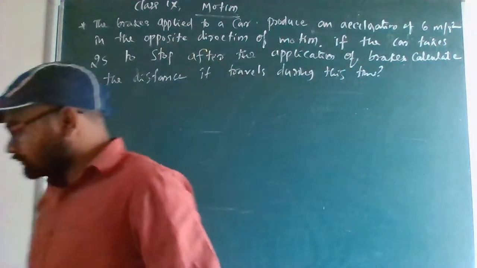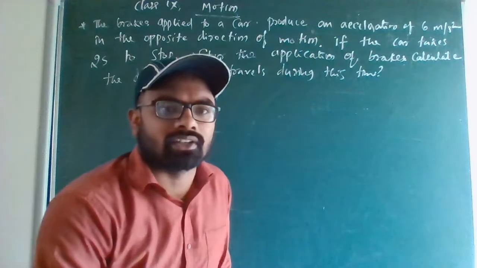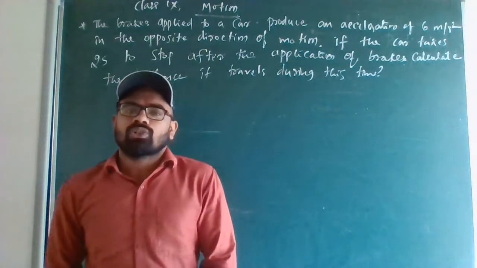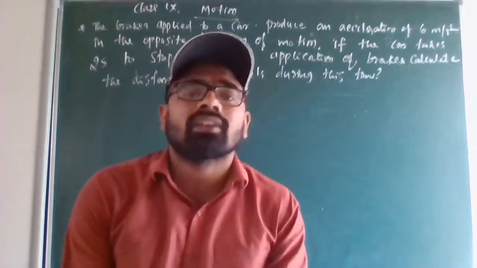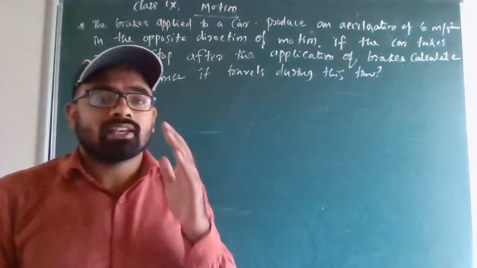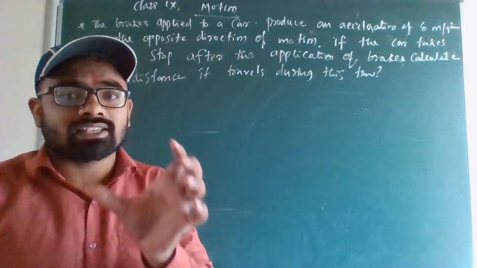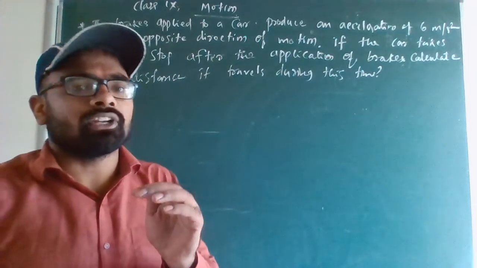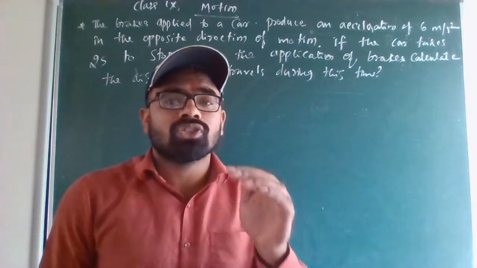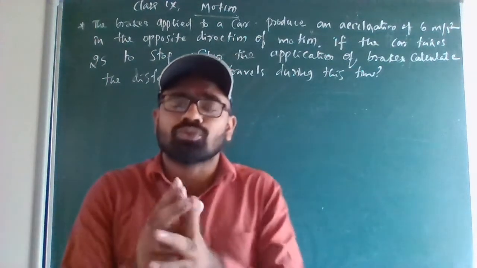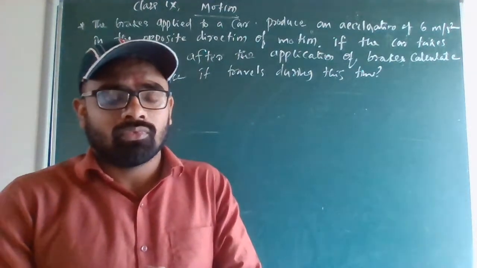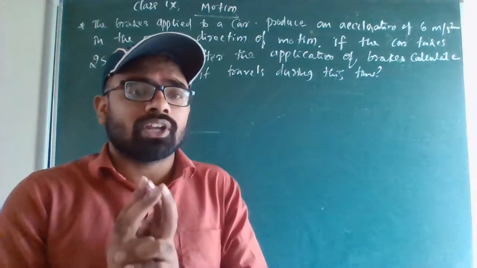I hope this question is clear. Please look at the question. The brakes applied to a car produce an acceleration of 6 meters per second square in the opposite direction of motion. Opposite direction of motion means we should take the acceleration as negative.